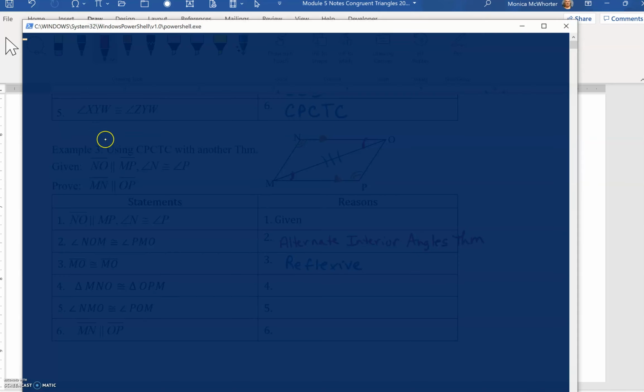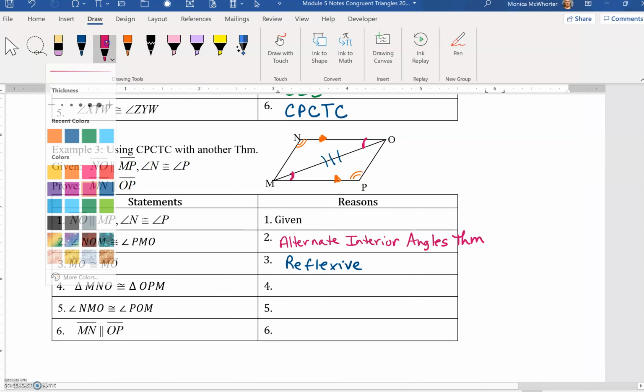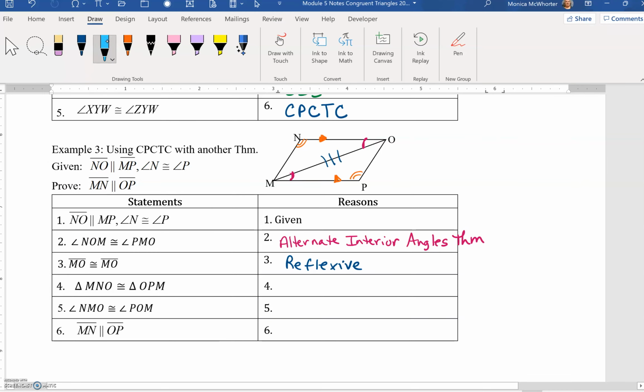And next, okay, that was strange. That only lasted for a second, but it interrupted me. Anyways, so we have an angle and a side of this big triangle MNO congruent to the angle and the side of this triangle OPM. So that's the angle-side theorem.